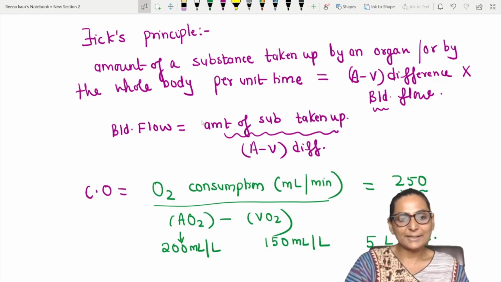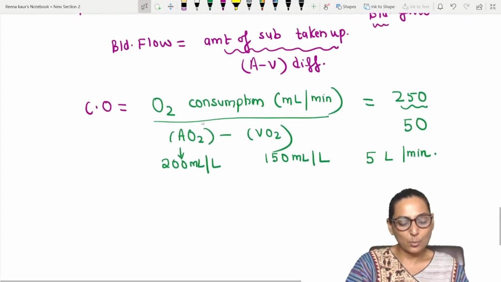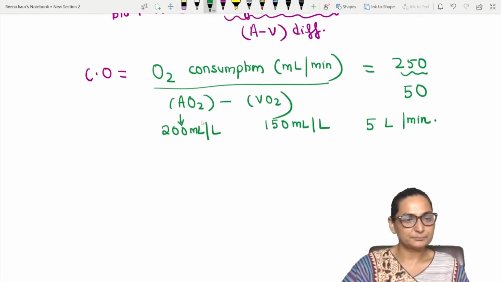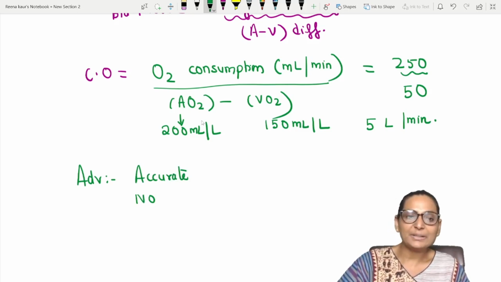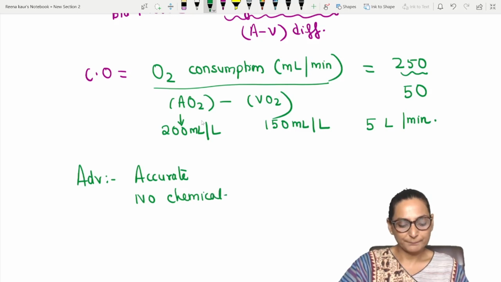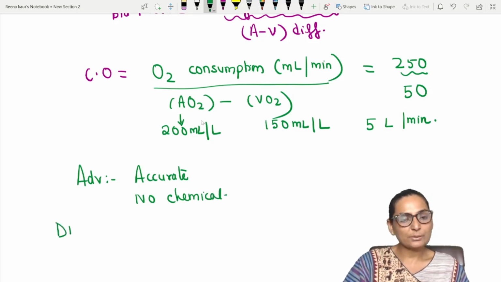Now, what is the advantage of this method? It is a quite accurate method, and you are using the oxygen which is normally taken up, so no chemical is being used. However, it has certain disadvantages.